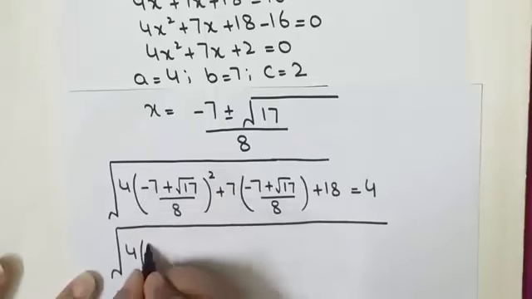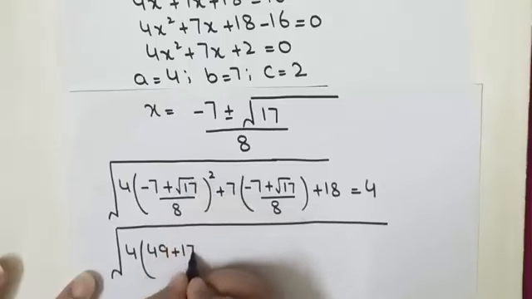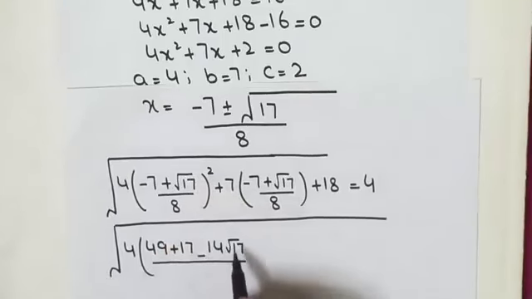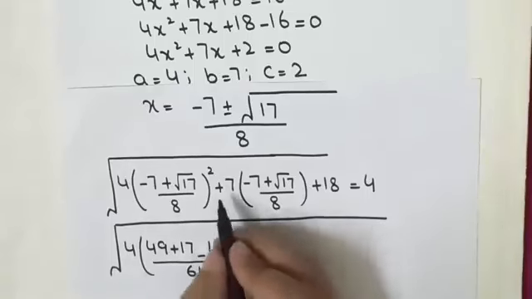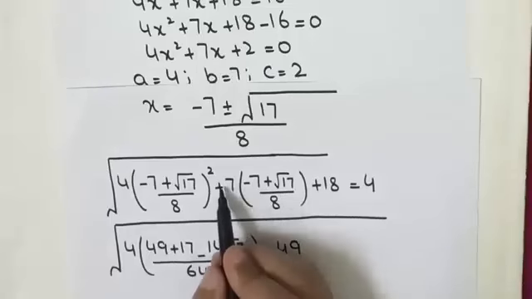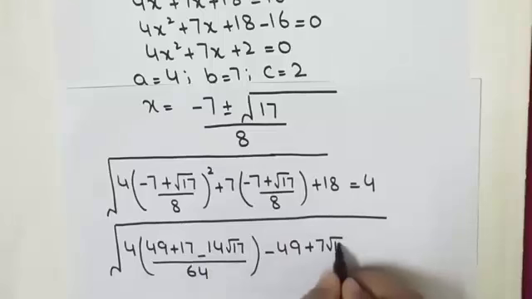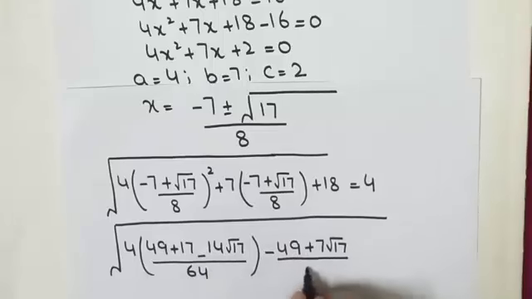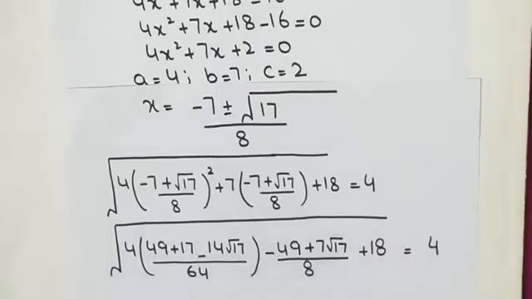So a square will be 49 plus b square will be 17 minus 14 under root 17, and 8 square is 64. Plus minus minus 7 times 7 is 49, and 7 into under root 17 is 7 under root 17 divided by 8 plus 18, and this is equals to 4.